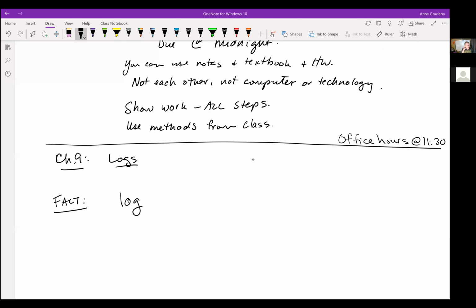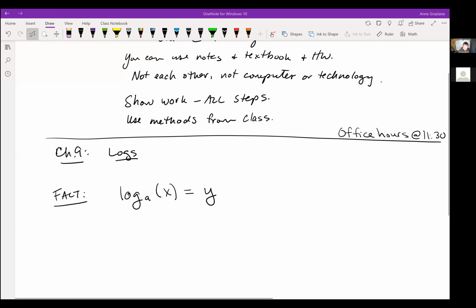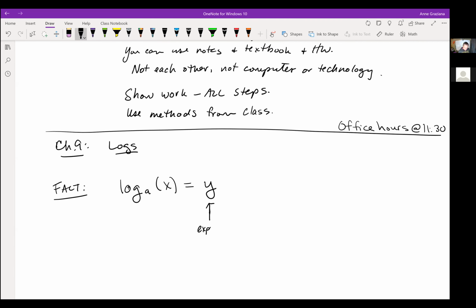If I have log base a of x equal to a number y, what this really means is that y is the exponent that goes on the base a to give you x. Another way of saying this, the equivalent statement, is a to the power of y will give you x.